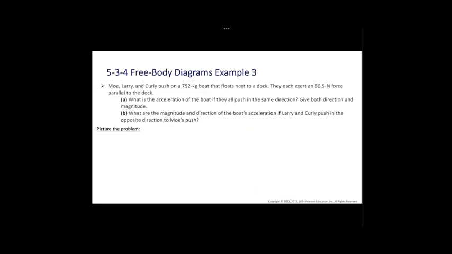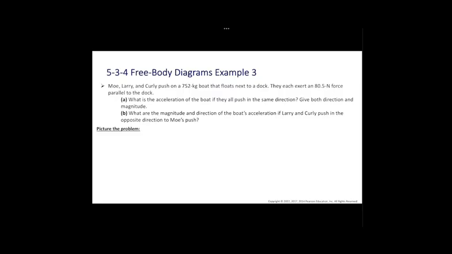Now let's see another example. Consider a situation where the net force acting on an object is non-zero, meaning that its acceleration is also non-zero. Moe, Larry and Curly push on a 752 kilogram boat that floats next to a dock.